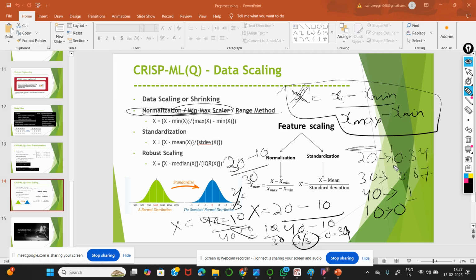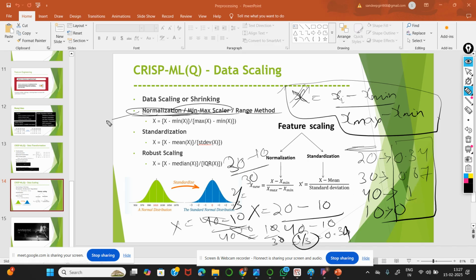So see here, you got a new column. This was your original column, and you got a new column. In the new column, see, your data is completely shrunk. 20 becomes 0.34. 30 becomes 0.67. The values are becoming much smaller, shrinking. And all the values are coming within a particular range.